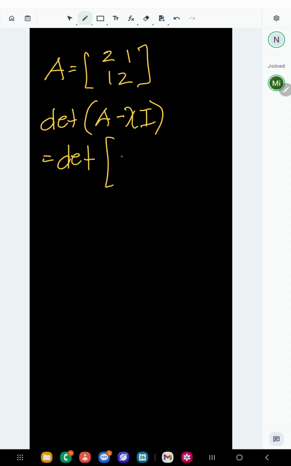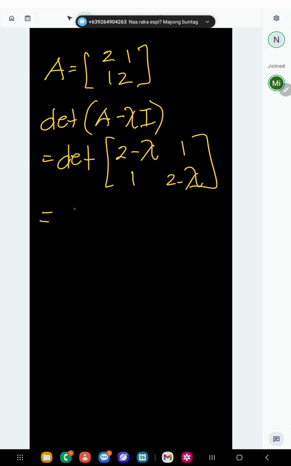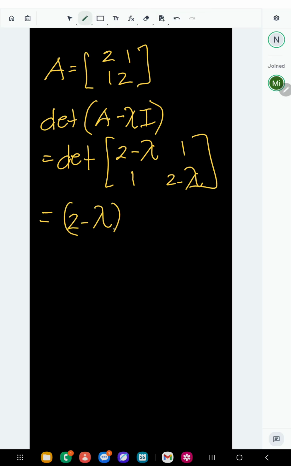So you get the determinant of this: 2 minus lambda, 1, 2 minus lambda. To find the determinant, this is 2 minus lambda times 2 minus lambda, minus 1 times 1, so that is 1.